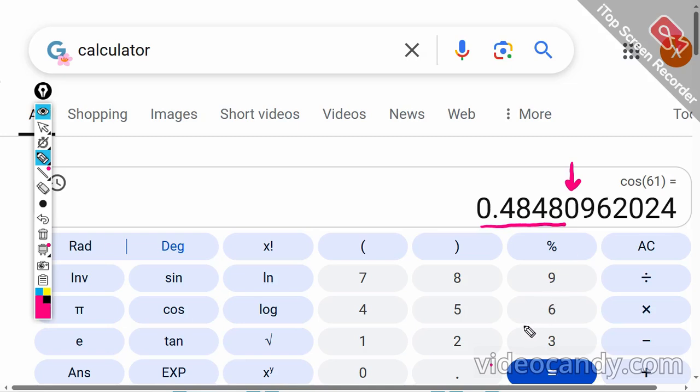If it's less than 5, you round it down. In other words, you just leave it as is. So it's 0.4848. If this number right here was 5 or more, you would have rounded it up to 0.4849. But that's not the case here. Since the fifth decimal was less than 5, you just keep it as is, 0.4848.